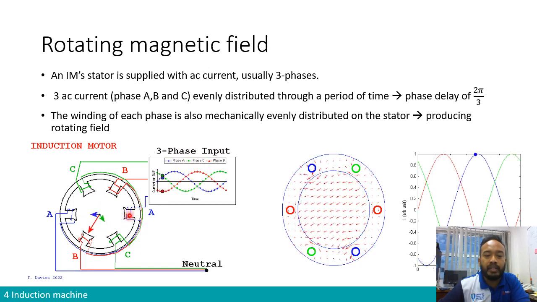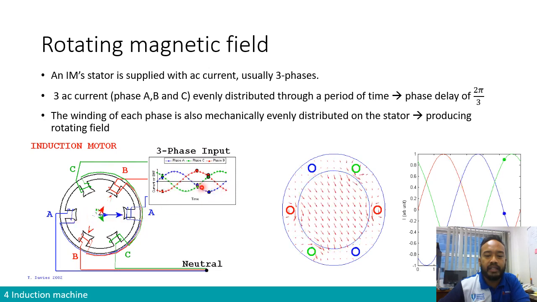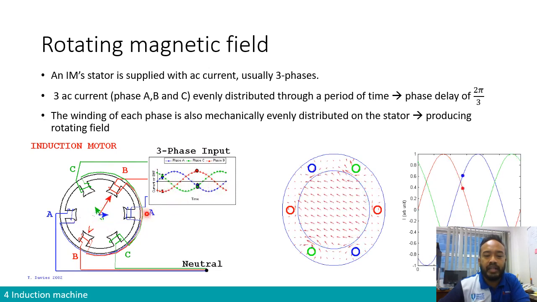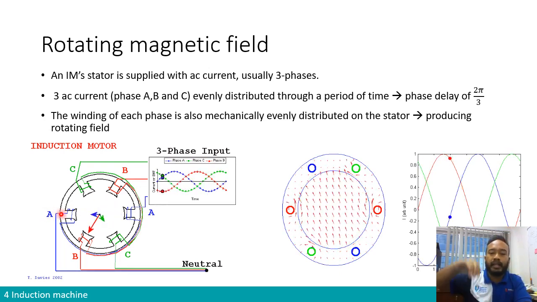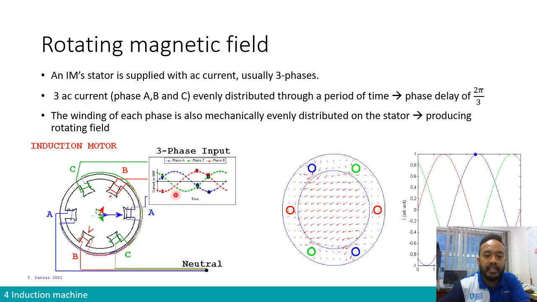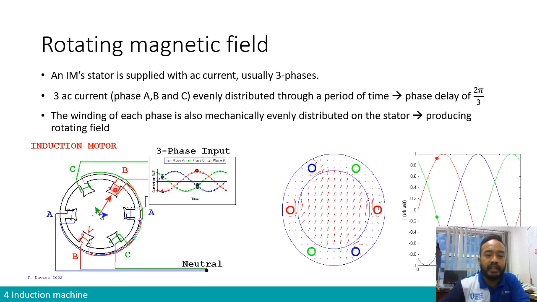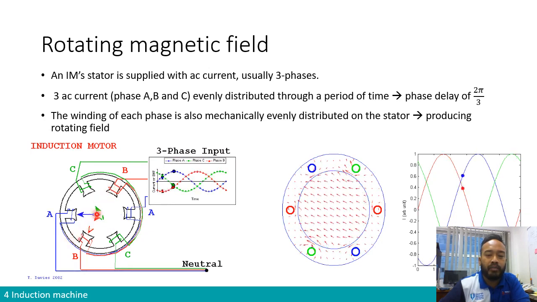Moving to the right means it is in the negative direction. Moving to the left, it is in the positive direction. So the variation from left to right is basically from maximum peak to minimum and then back to maximum. That is the variation of current A. The same goes for current B. You can see the vector B goes from maximum to minimum or vice versa.